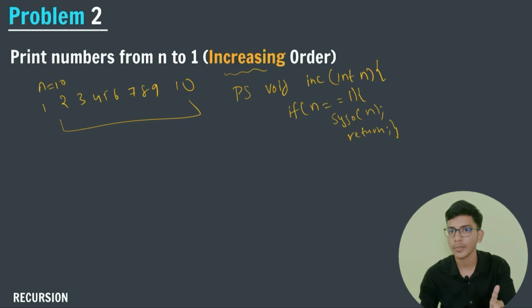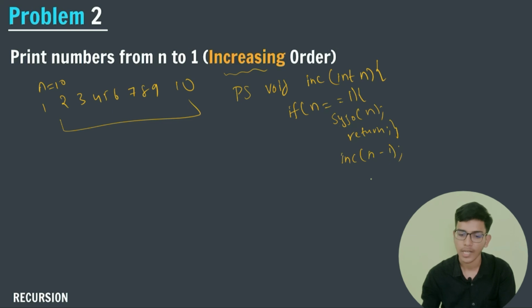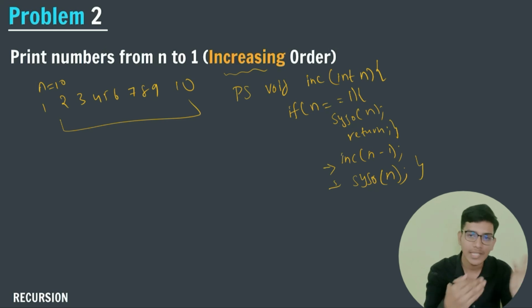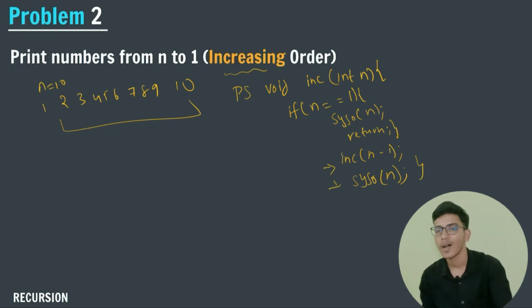Here we're not going to print first. First of all, we'll call the function, and after the function calling, we'll print. So first we call increasing order n minus 1. After that, we will print System.out.print value of n. So this is the pseudocode. The only change, interchanging the lines, will give me the numbers in decreasing order or in increasing order.